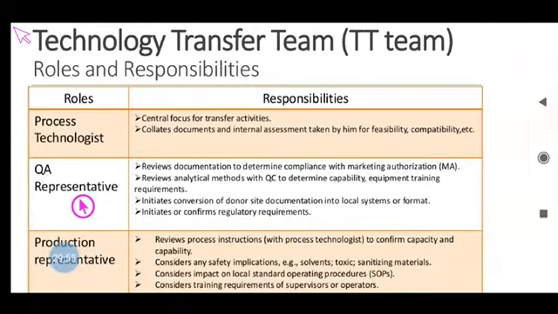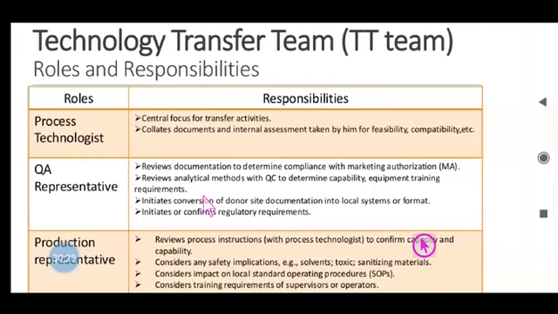Here, the QA representative. Let us check the responsibilities of the QA representative. He reviews the documentation to determine compliance with marketing authorization. So he is responsible for marketing authorization. Then he reviews the analytical methods with QC to determine capability and equipment training requirements.